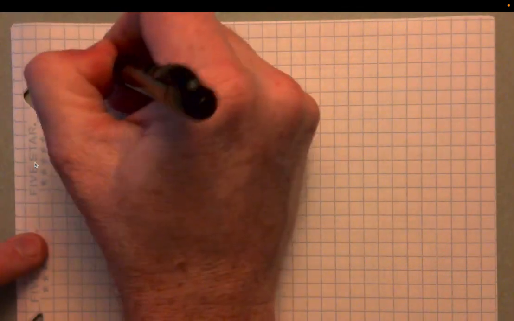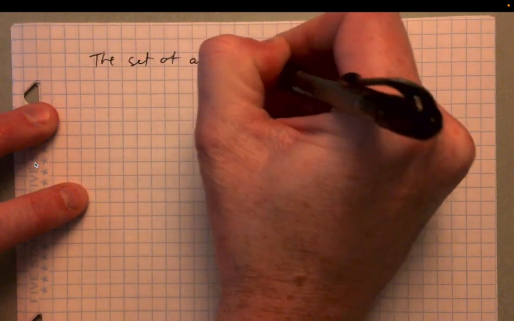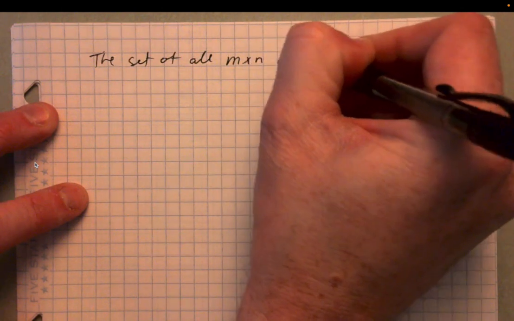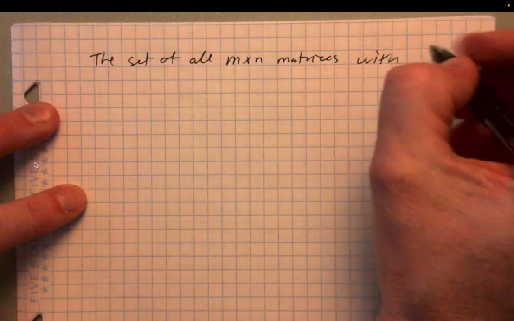When we talk about matrices, it's frequently useful to discuss the set of all m by n matrices with real number entries.